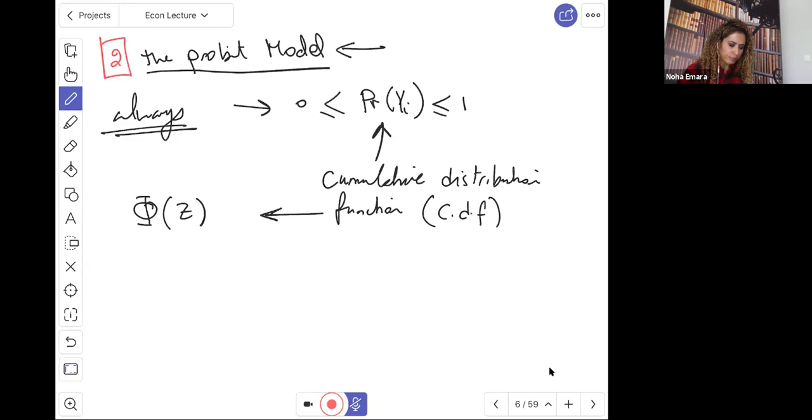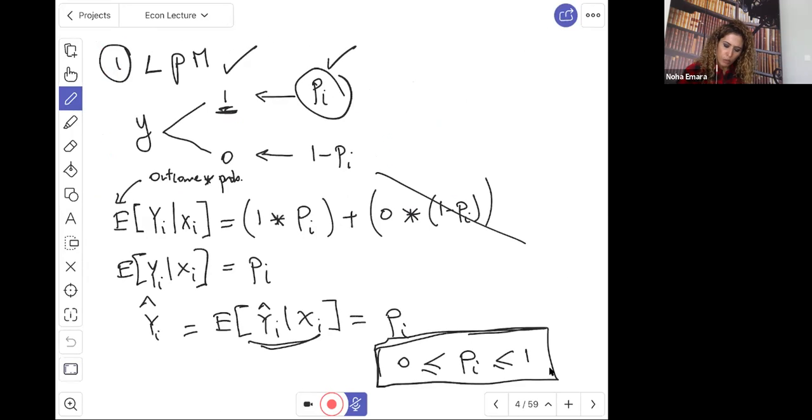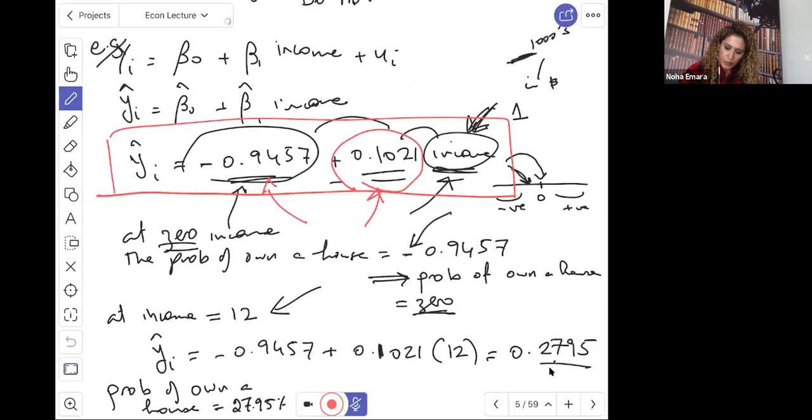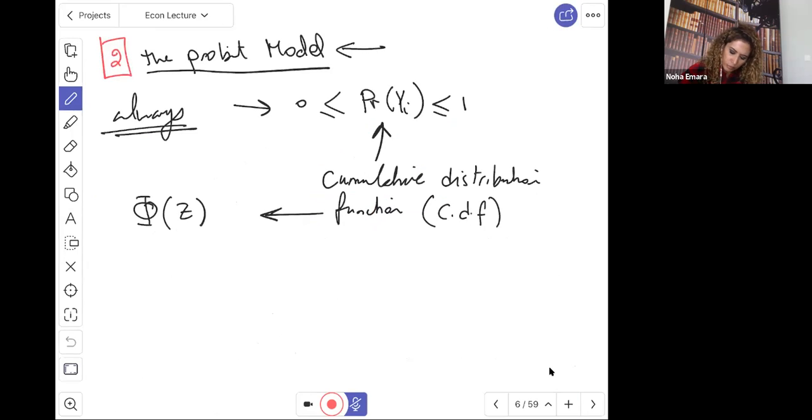Let me go back here. Whenever I want to compute any expectation, I need an outcome and a probability. So let's repeat that. Here, the expectation of yi given xi is made out of outcomes and a probability.